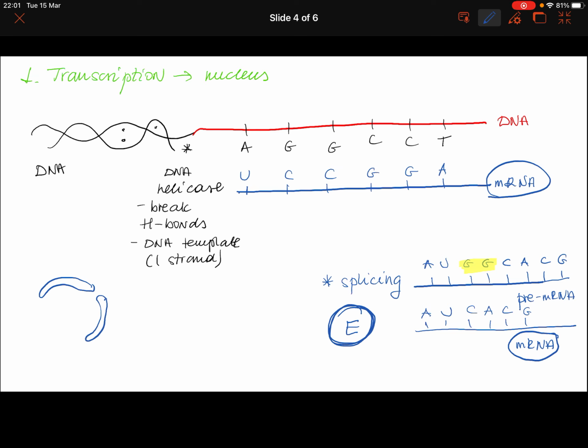So if you remember the structure of the nucleus, it's enclosed in the double membrane, which we call the nuclear envelope, and that formed mRNA now needs to leave the nucleus. It's going to leave the nucleus through the nuclear pores. So nuclear pores allow this mRNA to leave and enter the cytoplasm.